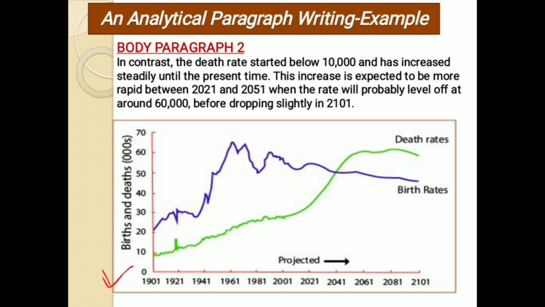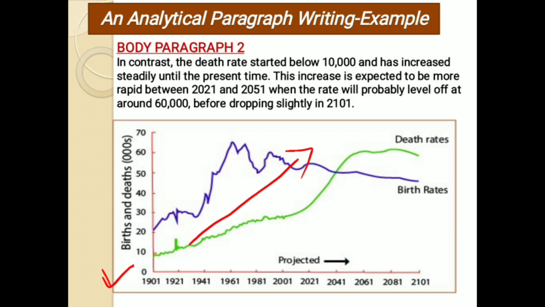What is happening to the death rate? Look here, the death rate started at 10,000 and it has increased steadily. We can see here till the present time. There is an increase. Looking at this analysis, we are going to draw the second paragraph.